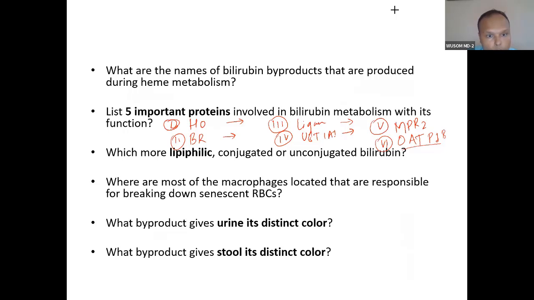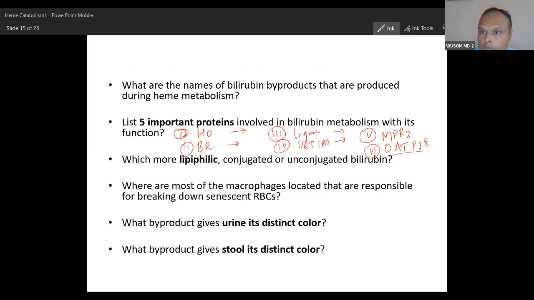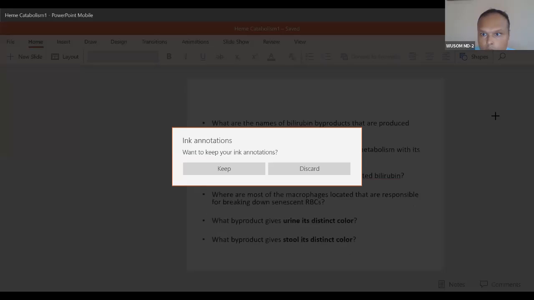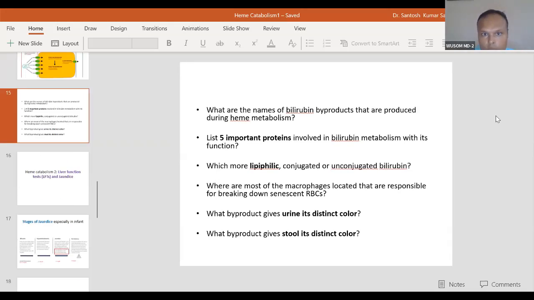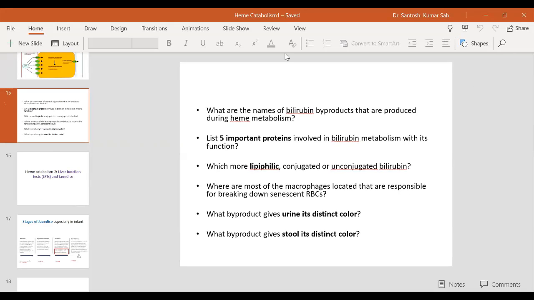So which is more lipophilic, conjugated or unconjugated bilirubin? Conjugated, sir. Lipophilic? Unconjugated. Yes. Unconjugated bilirubin is more lipophilic.